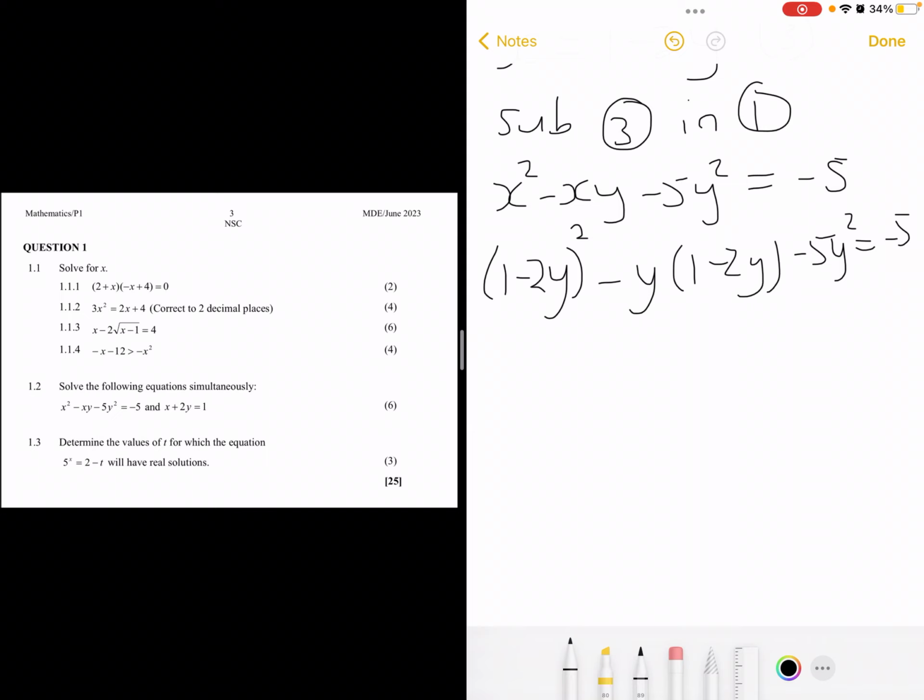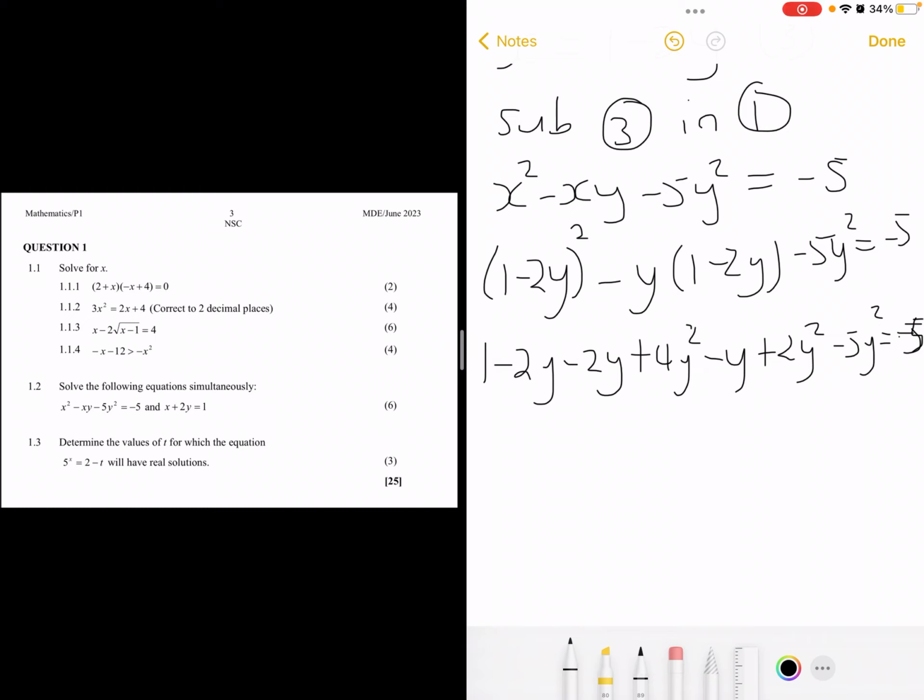Then when we expand this, we will get something like 1 minus 2y minus 2y plus 4y squared minus y plus 2y squared minus 5y squared equals to negative 5. And then we group like terms in order to get a proper sum.